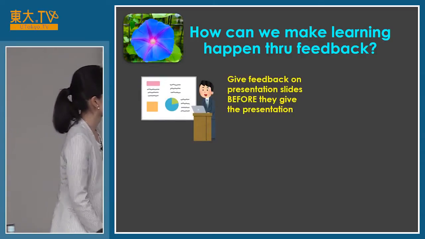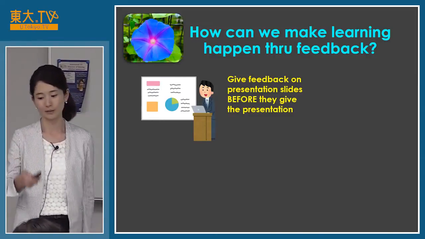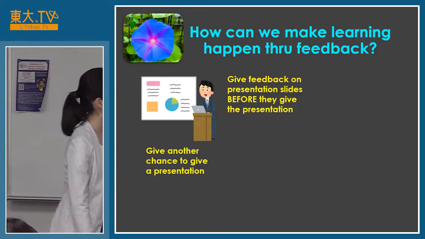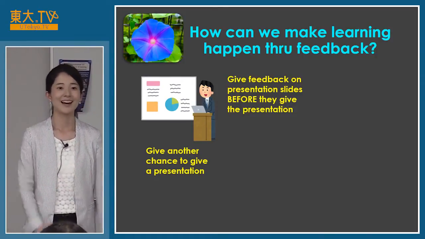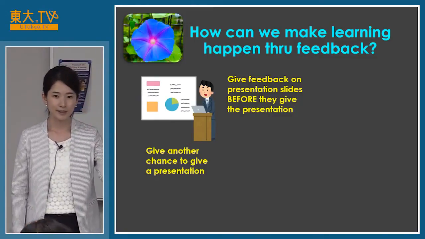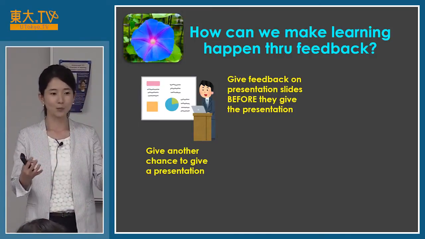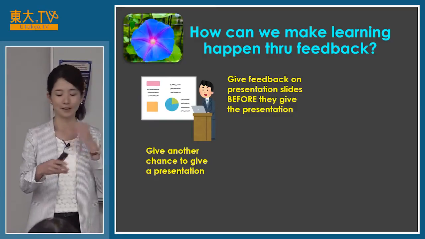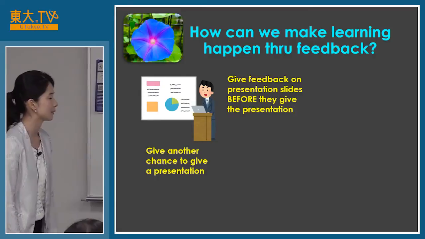So you shared all these ideas with us, so I don't really have to say this. But one thing I like to do is to give students what I call pre-feedback. So I give students feedback on their presentation slides before they give a presentation, so that I know that they're not going to fail horribly, and also they can incorporate the kind of feedback that I give them. We can give another chance to give a presentation.